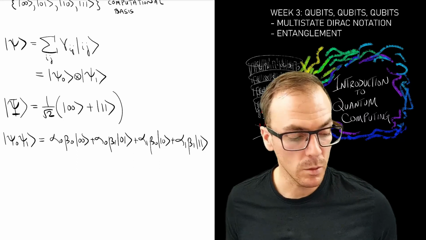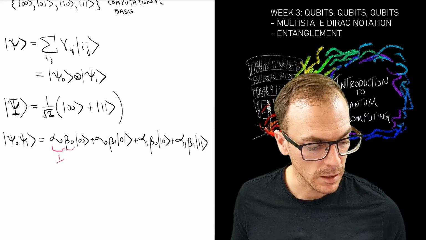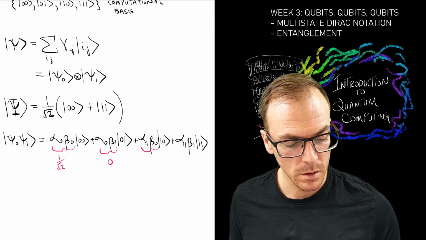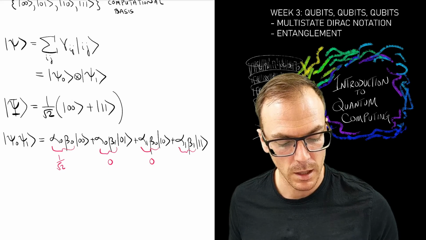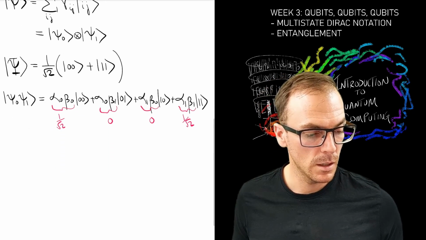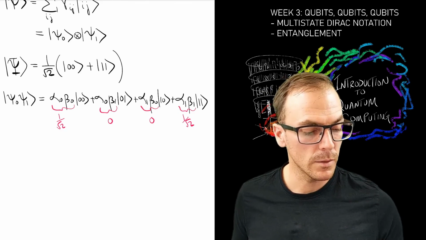Those two could be equivalent. All we need is the following to be true. That thing should be 1 over root 2, that thing has to be 0, that thing has to be 0, and that thing has to be 1 over root 2. However, note the following.